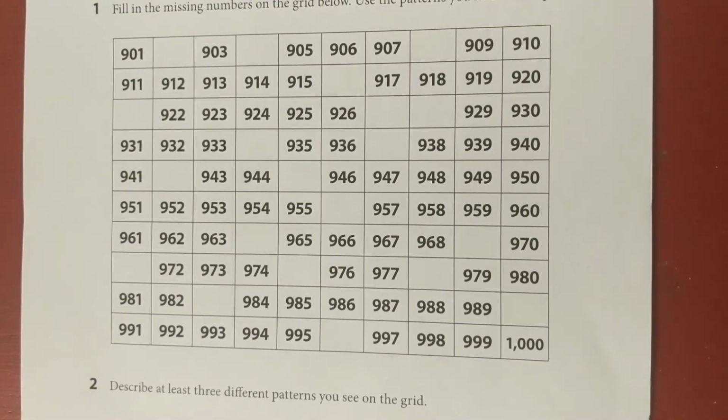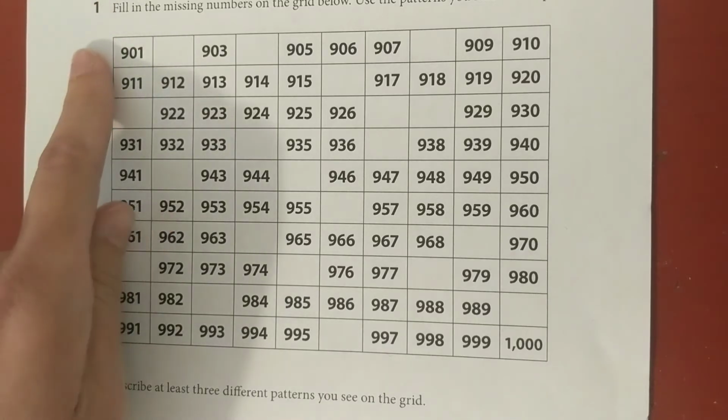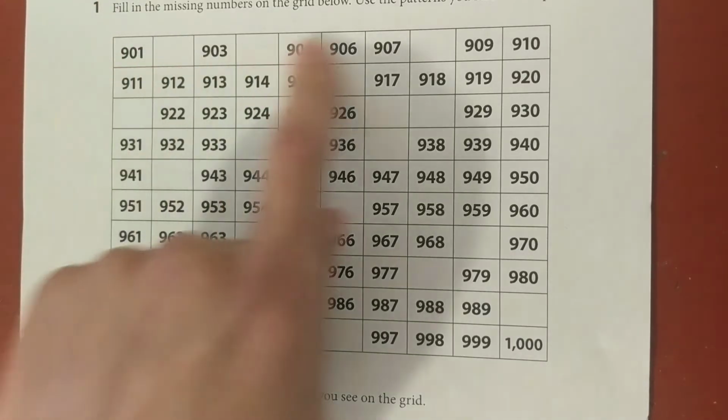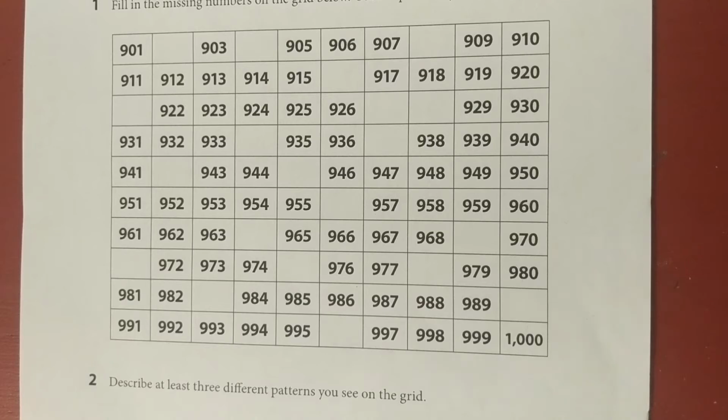Now, if we were together, I would say, what do you notice about this? So maybe let's take a moment to stop and think, what do we notice? I can almost hear some friends telling me, Mrs. Burrows, I notice there's numbers going across, there's numbers in the columns. And I might even have one friend that thought, this reminds me of a hundreds chart.